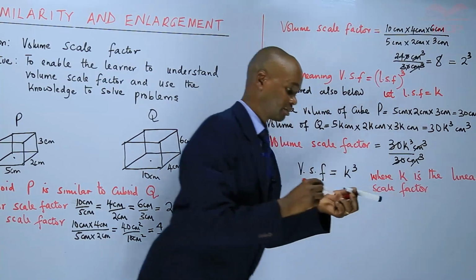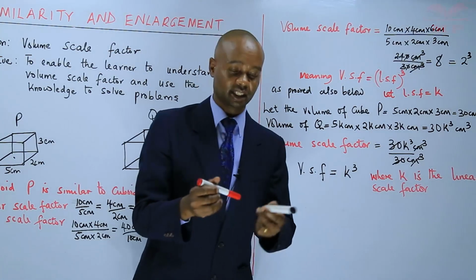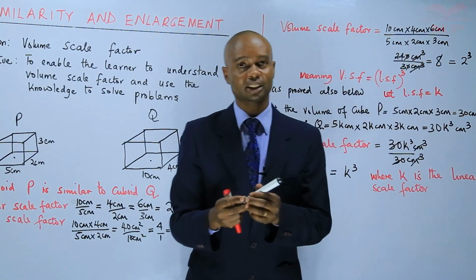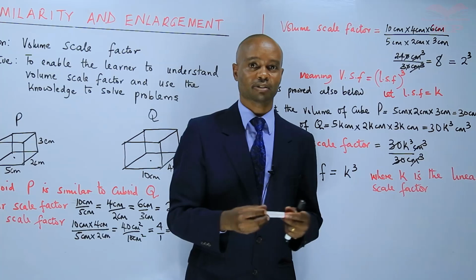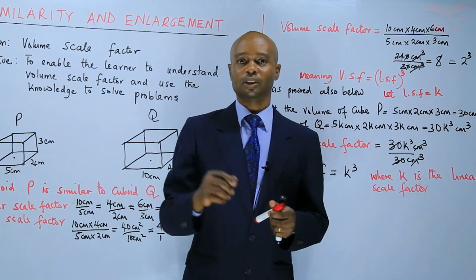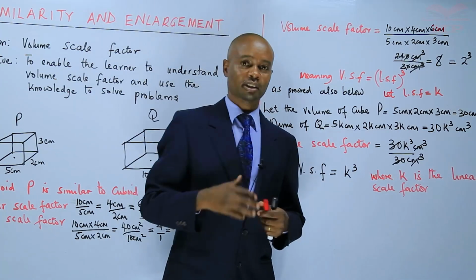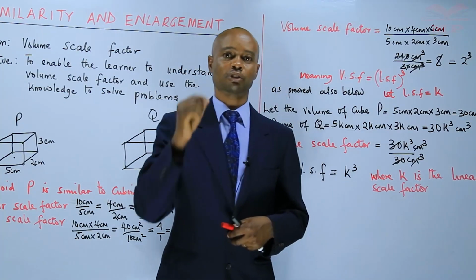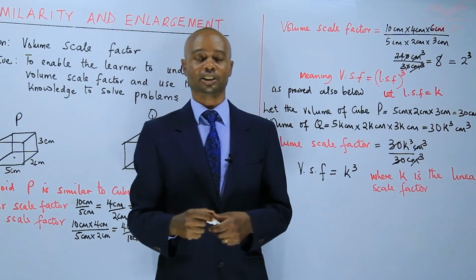Learner, if the linear scale factor is given, for example, as 3, the volume scale factor will be 3 cubed, that is 27. If the linear scale factor is 4, the volume scale factor will be 4 cubed, and that is 64.